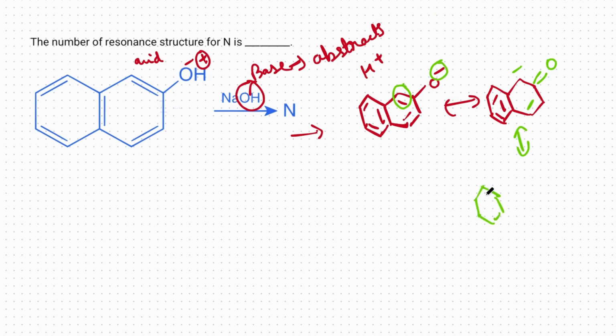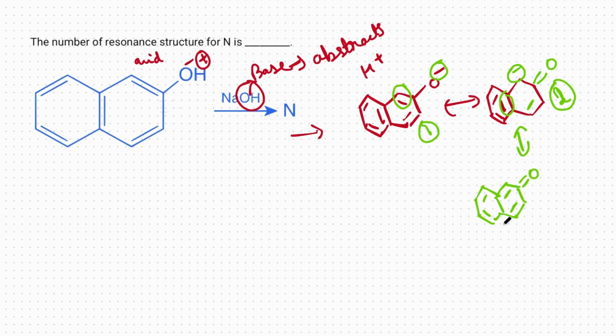Next, as we draw, we have already drawn two structures. Now, on the third one, we see this negative charge and the double bond, which are in conjugation to each other, the alternate double bond. A negative charge and a pi bond which are in conjugation to each other will go further in resonance.